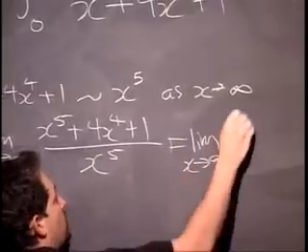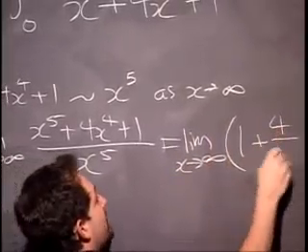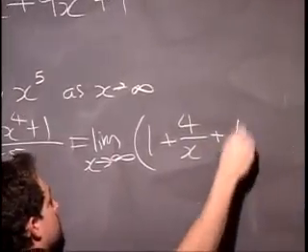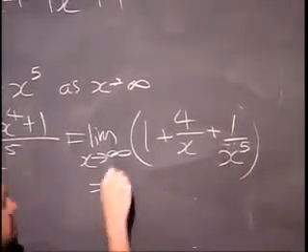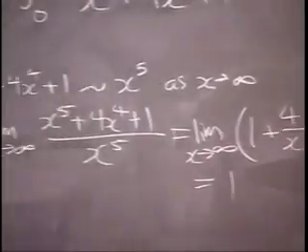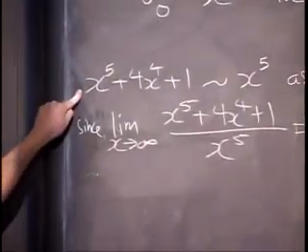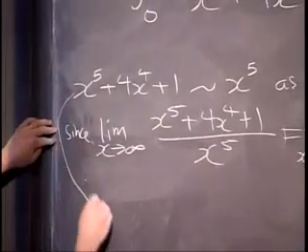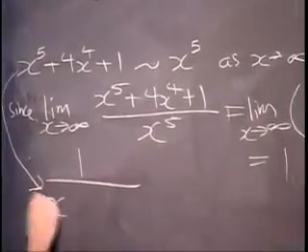You just get 1 plus 4 over x plus 1 over x to the 5, and clearly that's 1. But you see, notice how I start with the polynomial to make my life easier. You can now take this, and you're fully justified in just taking the reciprocal.